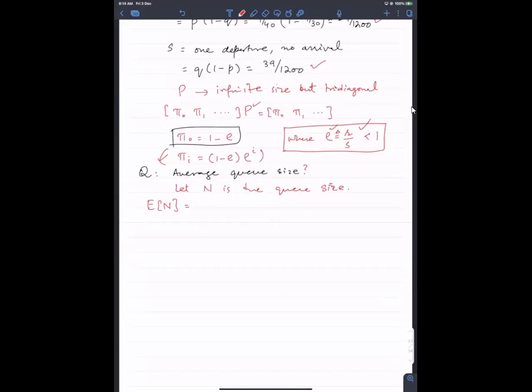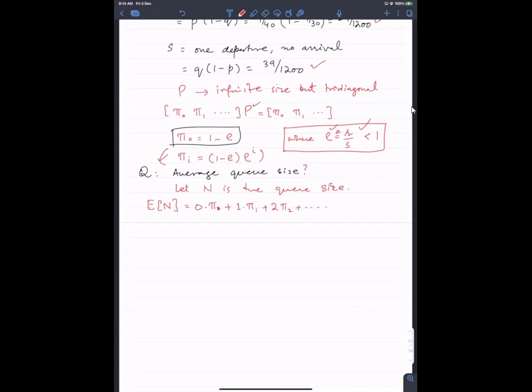So what is n? N is zero, the queue size is zero, with probability pi naught, that you find the Markov chain in state zero. At that time the length of the queue is zero. You find the Markov chain in state one, which means queue length of 1, with probability pi 1, then 2 with pi 2, and so on and so forth.